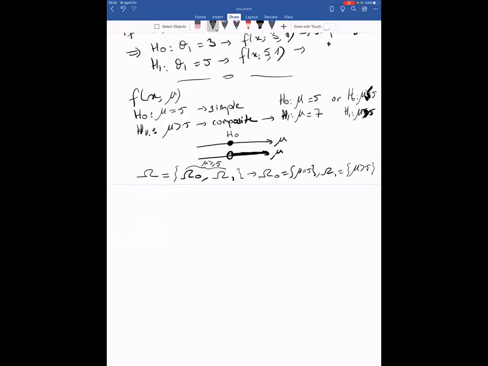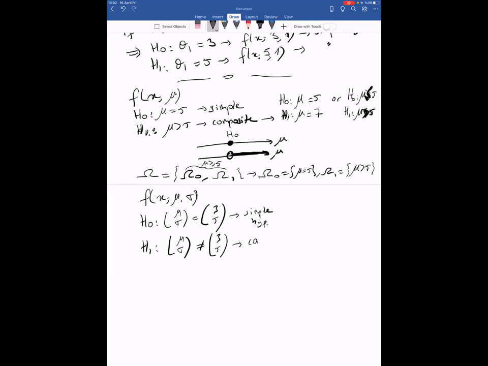Okay, so let's say in that case we want to state that our mu and sigma values equal 3 and 5. So this is the case when we have a simple hypothesis, and in the alternative, let's say our mu and sigma are not equal to 3 and 5.